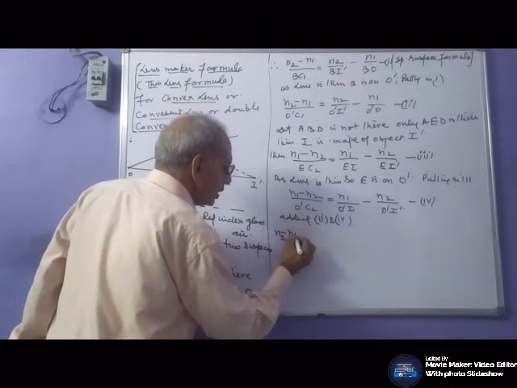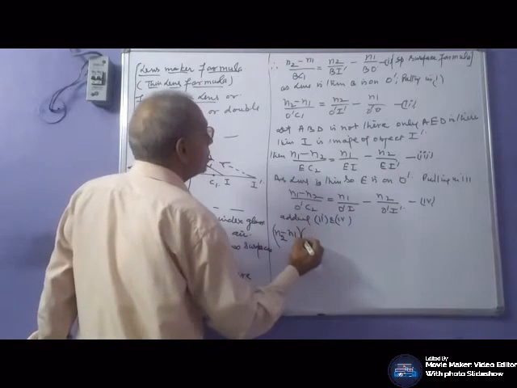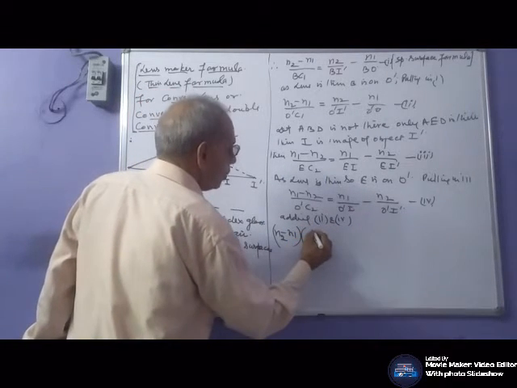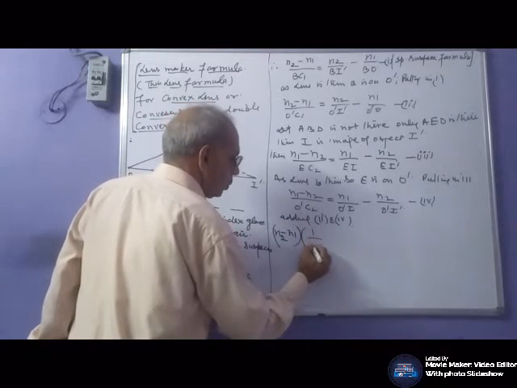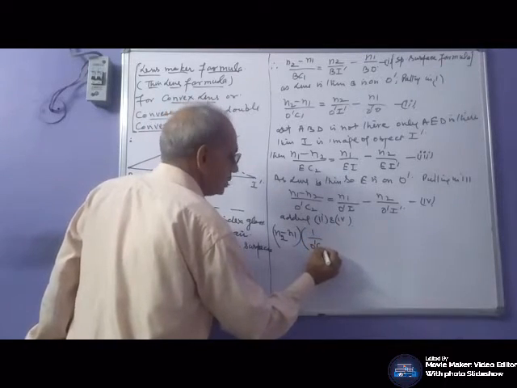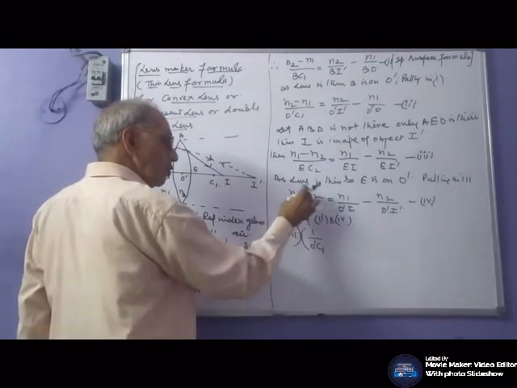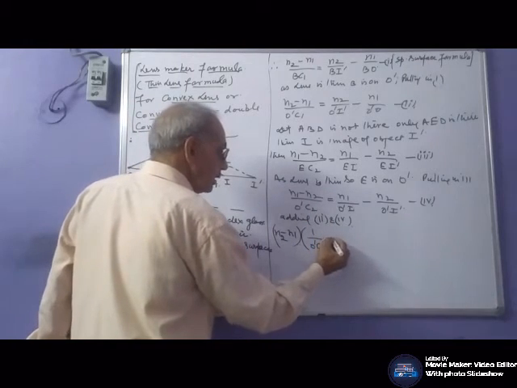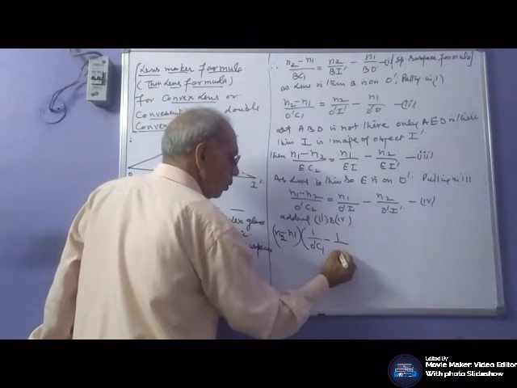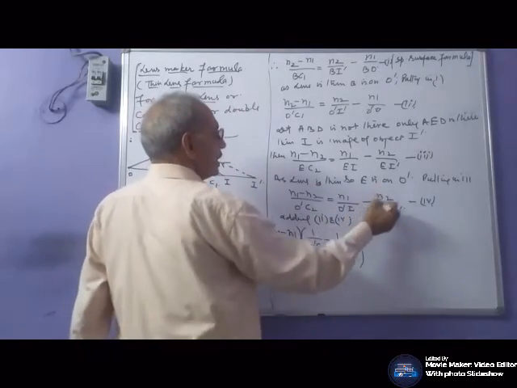N2 minus N1 is common: 1 by O dash C1 minus 1 by O dash C2, this cancels.